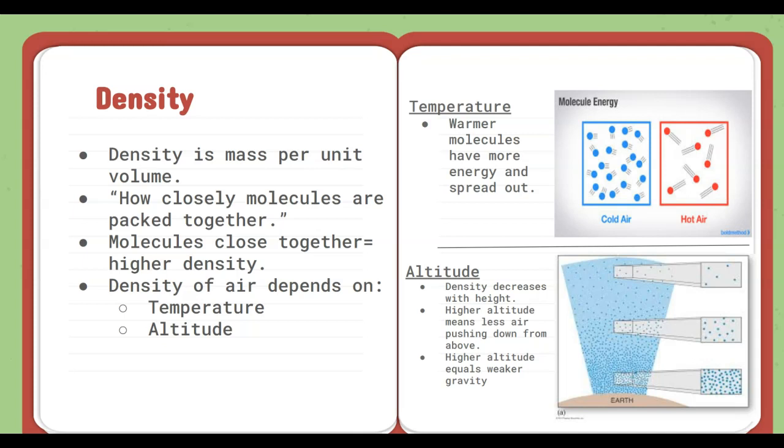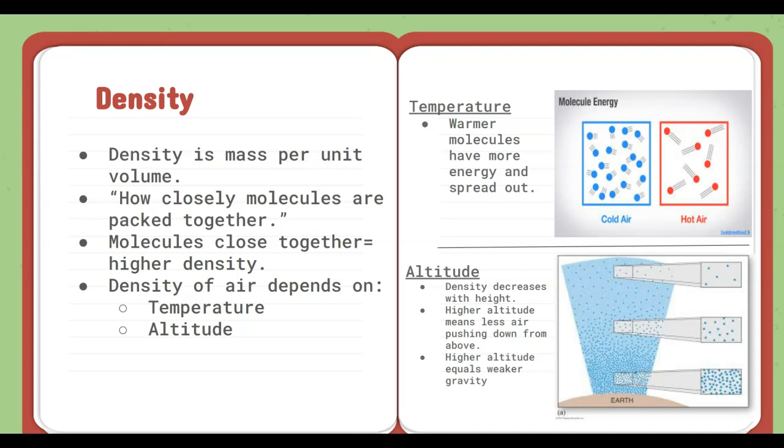So warmer molecules have more energy and want to spread out. On the left-hand side of that picture, there's cold air, with more particles or molecules taking up space, so the cold air is more dense than the right-hand side of that picture where the hot air is. You can see those molecules are moving faster and more spread out.